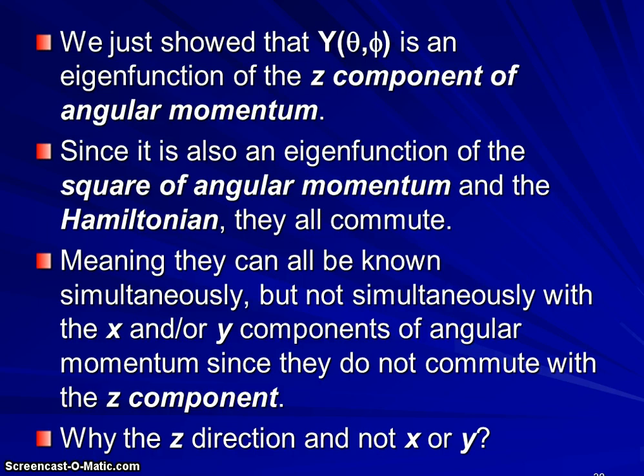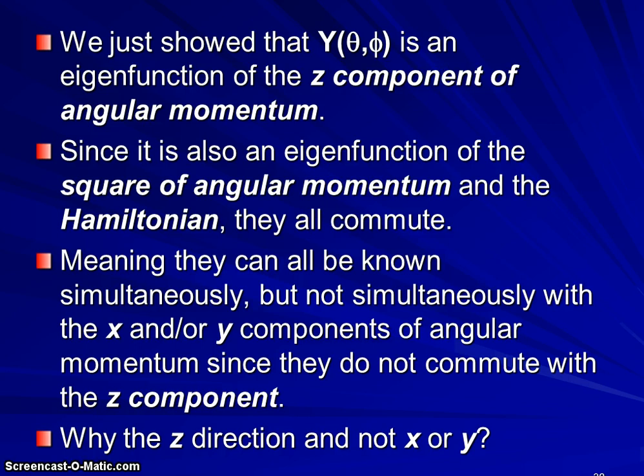It's really not, except that what it comes down to is that angular momentum, total angular momentum, energy, and one of the axes of angular momentum are all going to commute with one another. Mathematically, it's going to work out to be whichever axes we build our spherical polar coordinate system around.